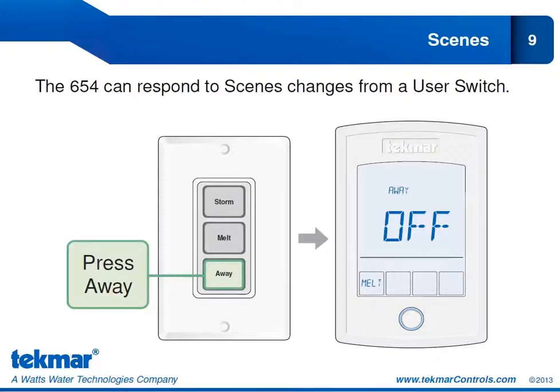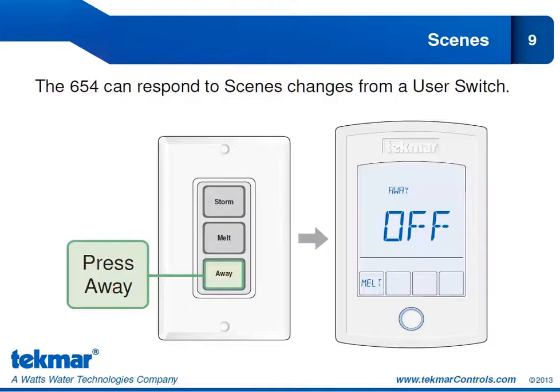This slide is showing in greater detail how the 654 can respond to scene changes from a user switch. So here I have shown that I have pushed the away button on my user switch, and what will show up on my 654 is the word away, and it will also tell me my snowmelt system is off because I'm in the away state.